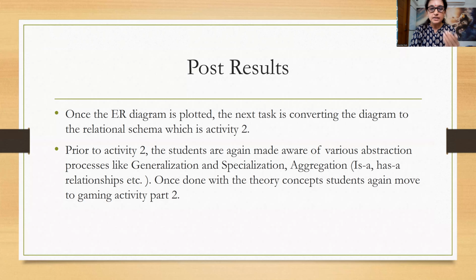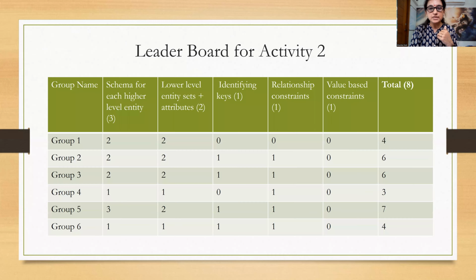As part of that activity, again, we briefed them about the abstraction processes, generalization-specialization structures, aggregation, and once done, they were asked to convert it to the schema, and there we checked whether the schema was designed for each higher level entity set, how the lower level entity sets and attributes were identified, whether the keys were identified, whether the relationships were plotted, whether the constraints were provided, and then finally marking of the second activity was done.